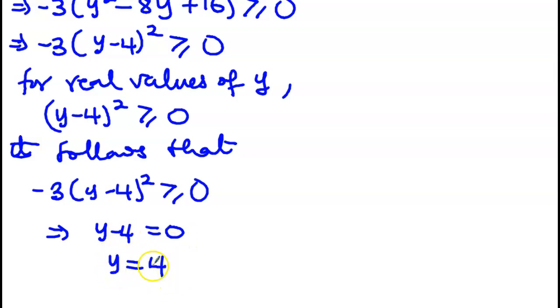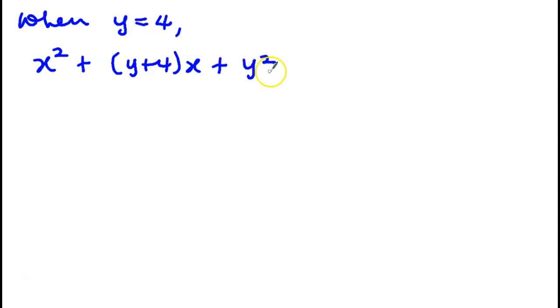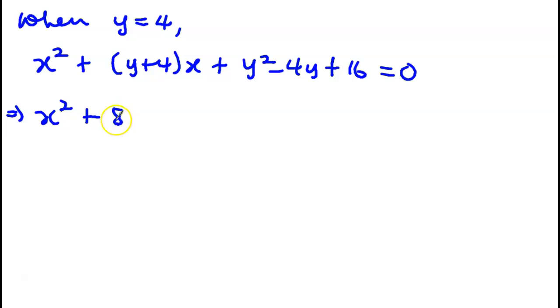Now when y is 4, we had the quadratic equation x squared plus (y + 4)x plus y squared minus 4y plus 16 is equal to 0. So when y is 4, you just substitute it here. Here 4 plus 4, the quadratic equation becomes x squared plus 8x.